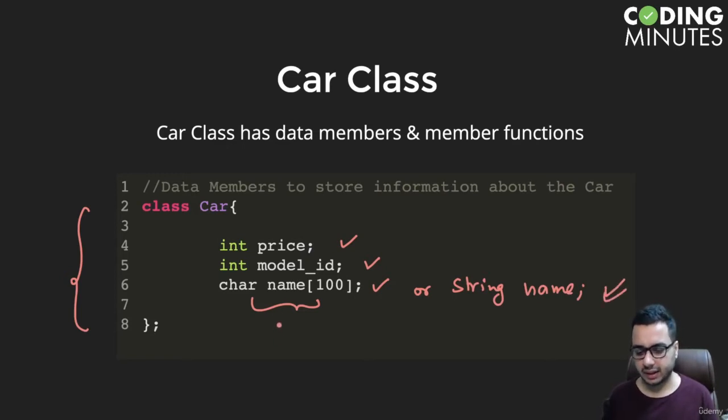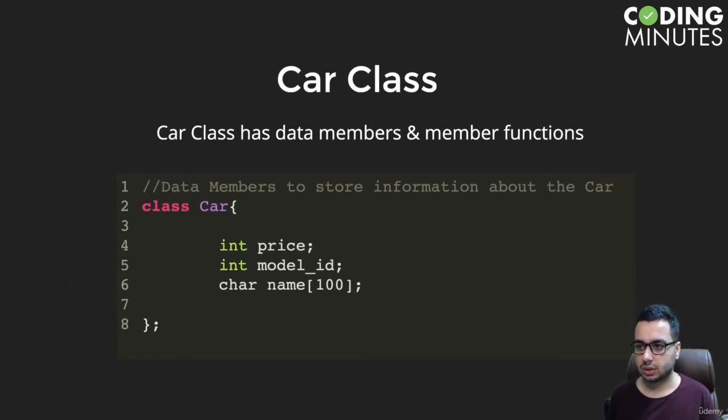I've written an array here because later on I want to teach a concept for which this name should be an array. But you can take string as well; string is working perfectly fine. This is how you define it. We have a class keyword followed by the name of the class, followed by the attributes, and here you close your curly brackets followed by a semicolon.